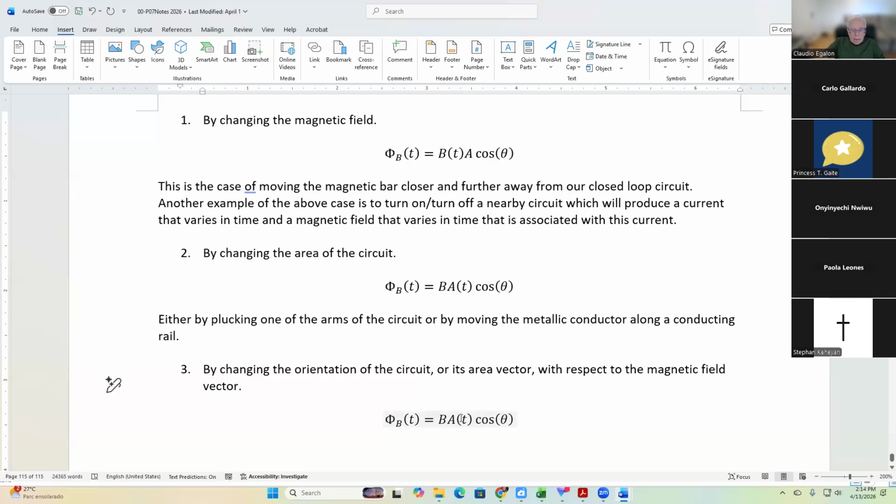And now the time dependence here is going to be right here, right?